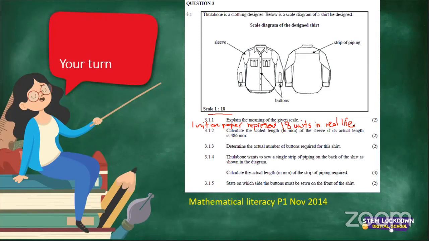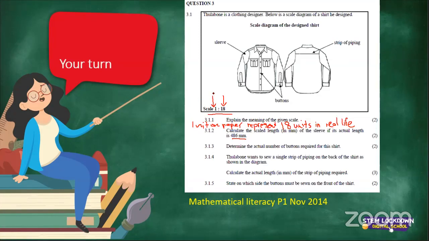Number 2 says calculate the scale length in millimeters of the sleeve if the actual length is 486 millimeters. You're given the actual length, 486 millimeters. I want to know in millimeters what the scale length is.